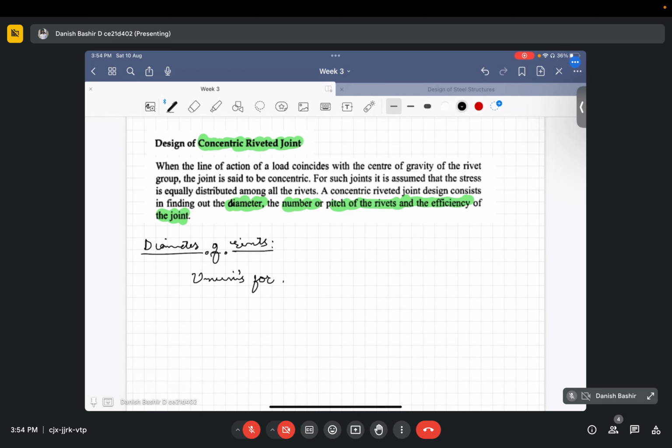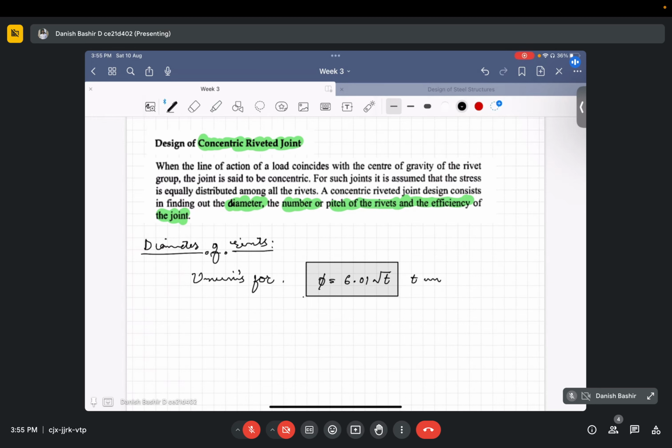Unwin's formula says to assume that the diameter of the rivet, that is the nominal diameter, is equal to 6.01 times the square root of t, where t is in mm. If we take this diameter, we always get a conservative design. So we will always be on the safer side, whatever diameter we have taken for the design of our concentric riveted joint.